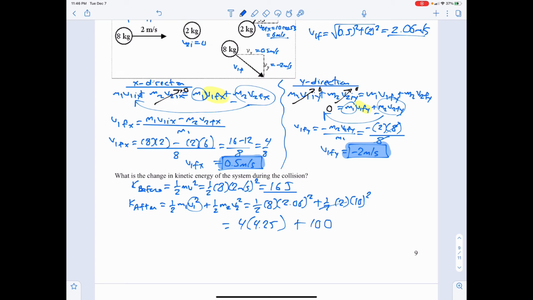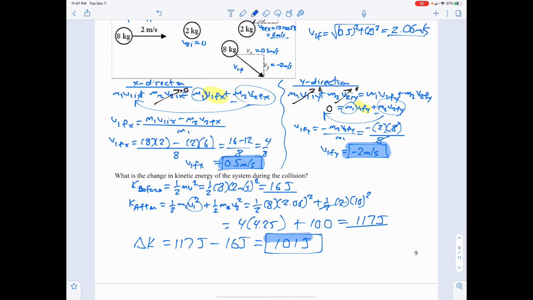And so 4 times 4.25 is 17, plus 100 would be 117 joules. Now, that's the after part. So the change in kinetic energy would be 117 joules after minus 16 joules before, or 101 joules. In other words, during this collision, there's an increase in kinetic energy of 101 joules.